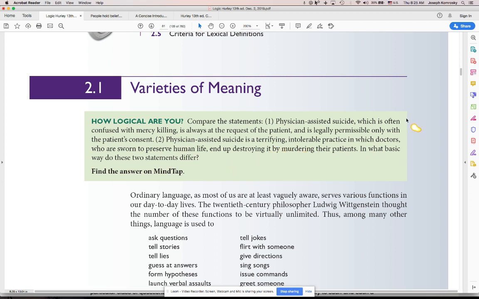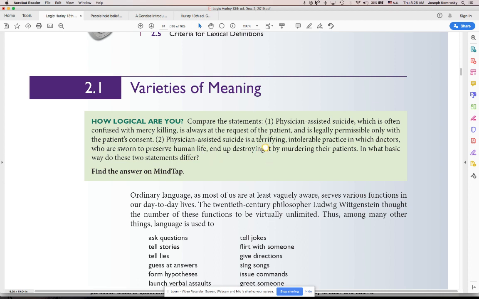Well, in statement 1, it seems like the author's giving you information about physician-assisted suicide. And in the second one, it seems like somebody's trying to steer you using emotive language, right? Trying to tap into your emotions, trying to get you to think, look, physician-assisted suicide, it's bad. It's really, really bad. Why?